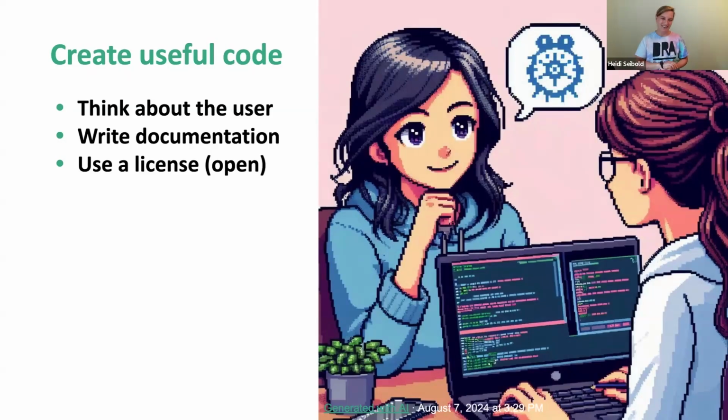So writing documentation is a good idea. There I recommend having a README in your repository, having some inline comments, but also having some deeper documentation for more complex code, if you're going more towards software, right? So to have a documentation of every function, maybe also with examples how to use it, that's usually really helpful.